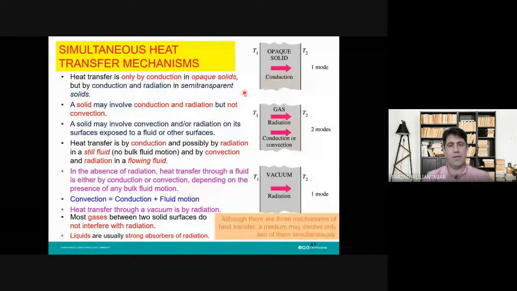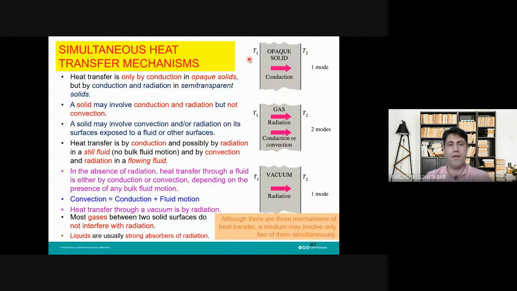You know that for a heat transfer process, we need a temperature difference between T1 and T2. And if the direction of heat transfer is this way, it means temperature T1 is higher than T2. So this is a hint you know about that.